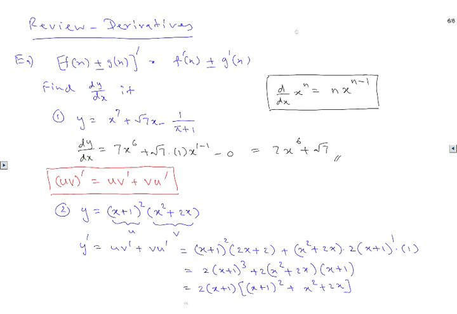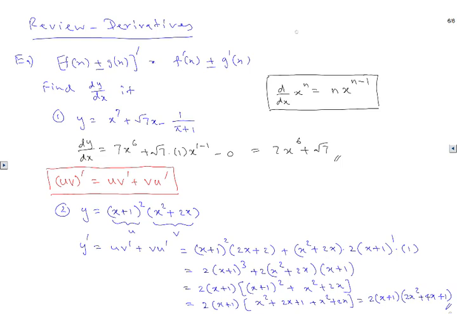Simplifying inside, if you expand, this is x squared plus 2x plus 1, and we have x squared plus 2x. If you combine, you get 2(x plus 1) times (2x squared plus 4x plus 1). So that's the final answer for that.